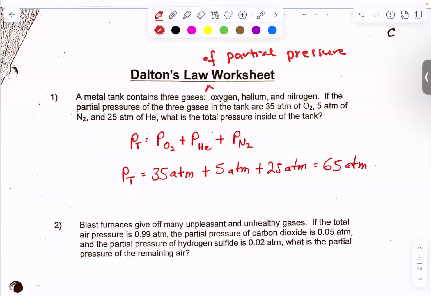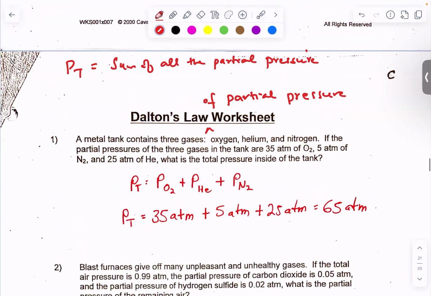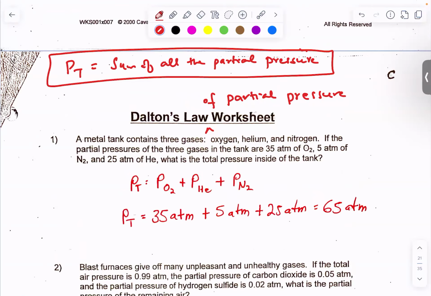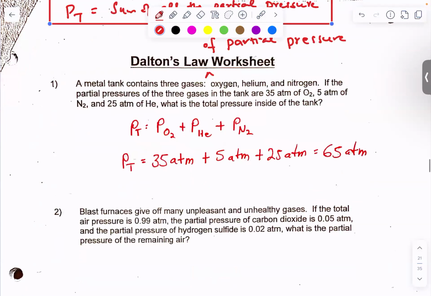So the total pressure, PT, is equal to the sum of all the partial pressures. This is the basic thing. Now you can apply it. The first question is very simple, because you simply add 35 plus 5 plus 25, and you get 65 atm, right?